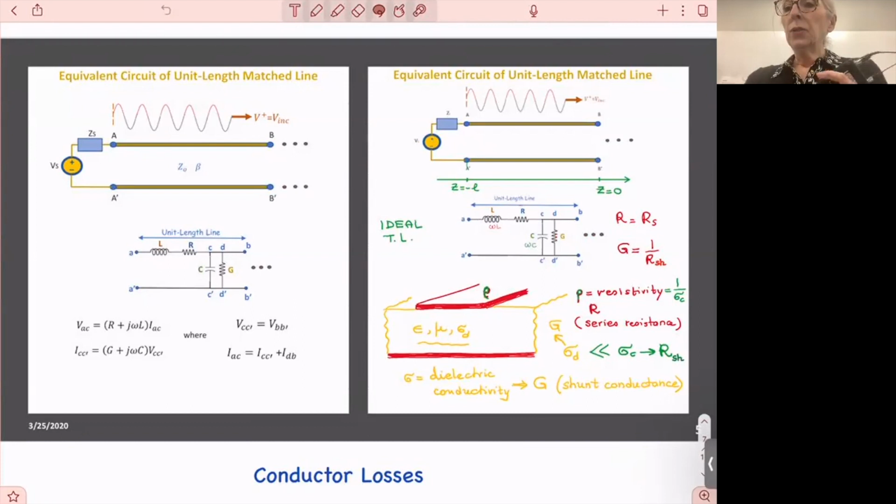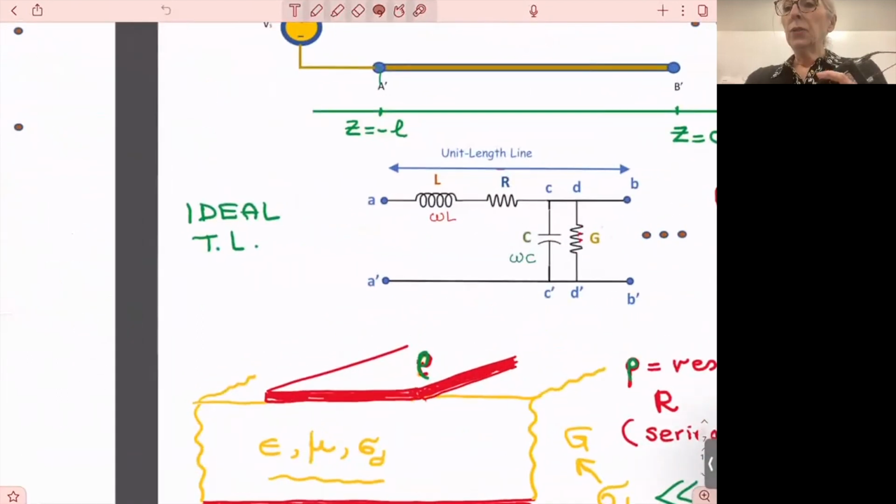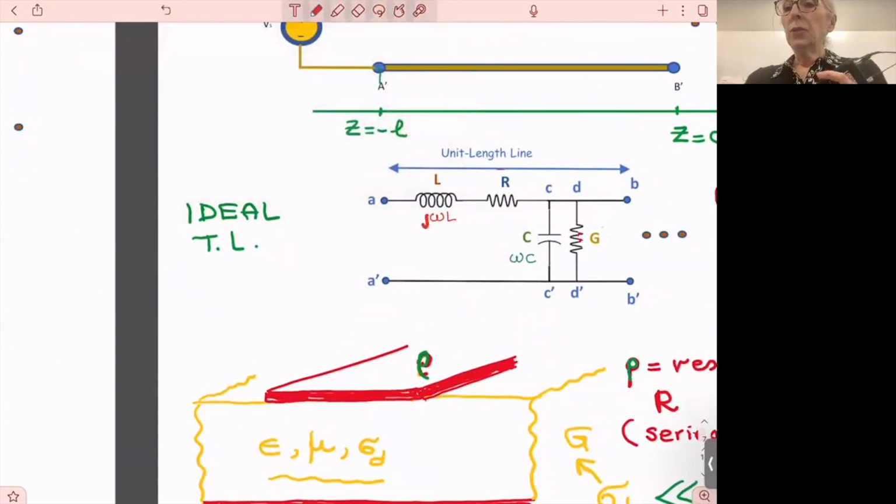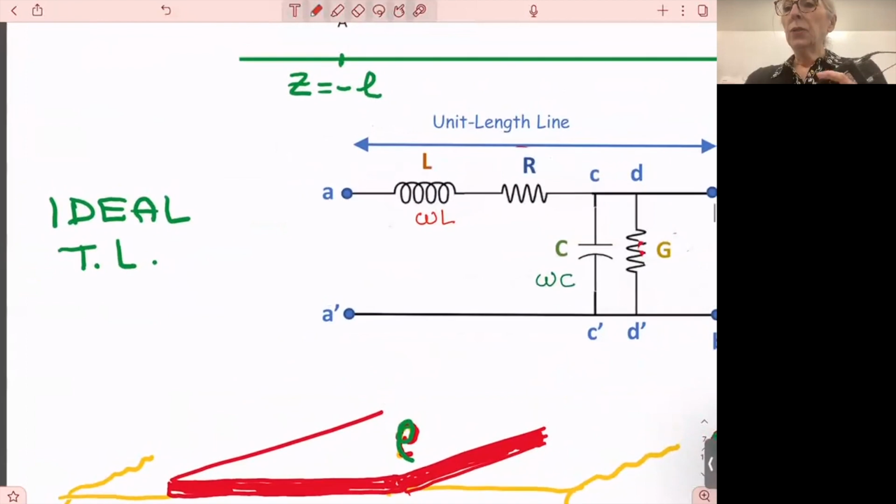All right. So here, for example, I will need to put the j in there because this is the right way to do it. Let me see. j. Okay.